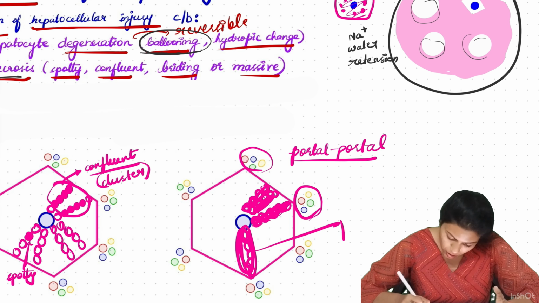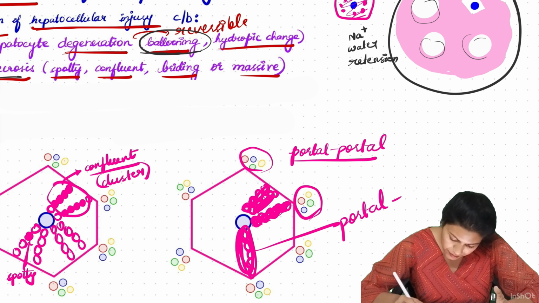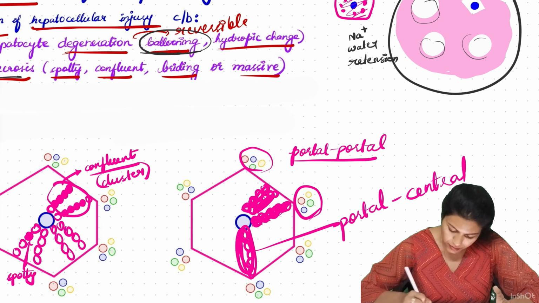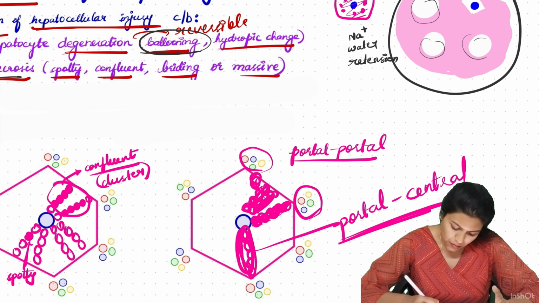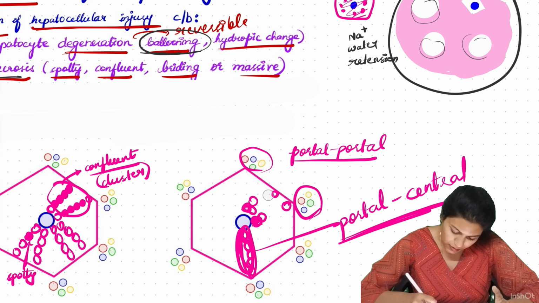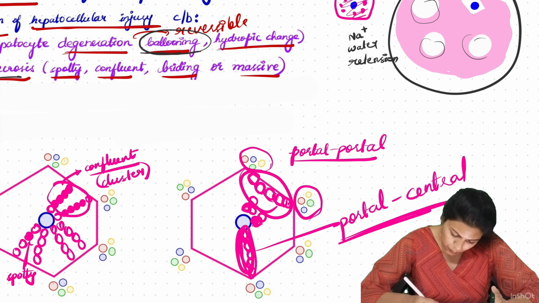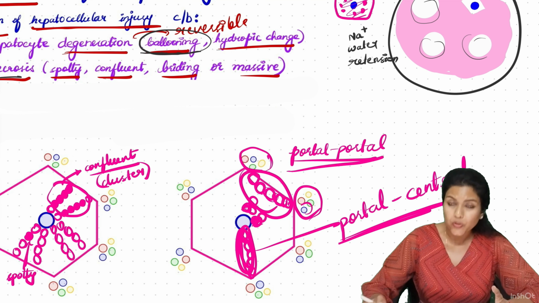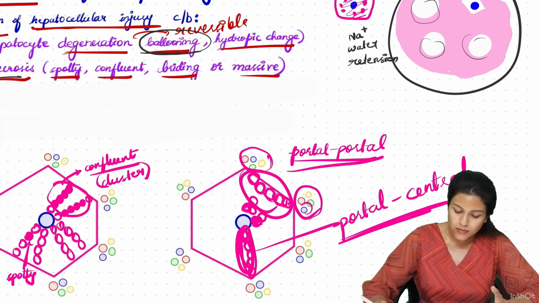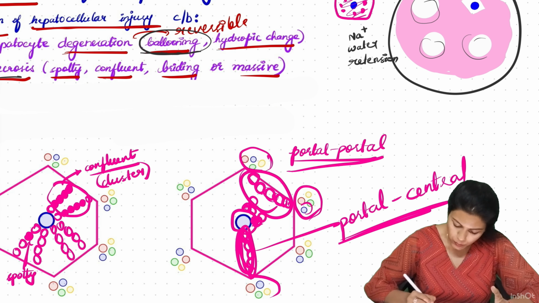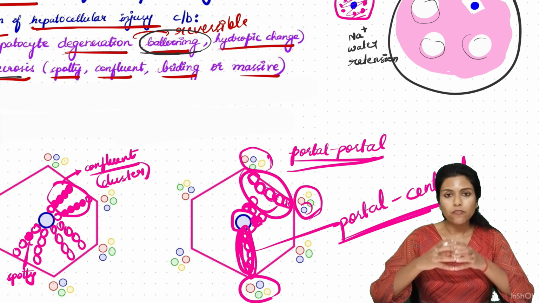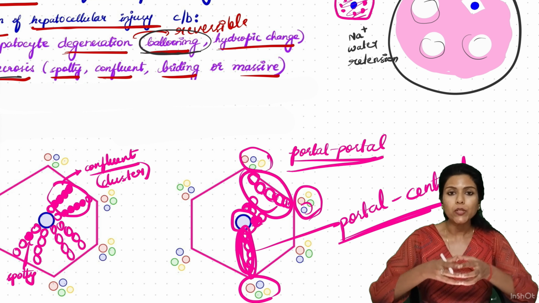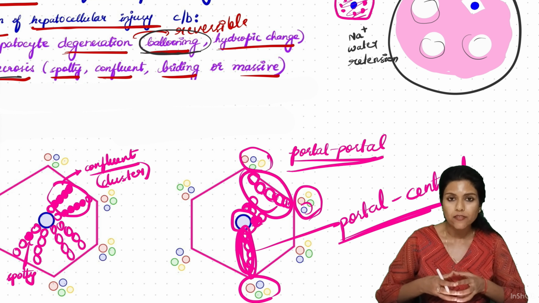This is called a portal central necrosis. So if the necrosis occurs from one portal to one portal, that is portal necrosis, or if the necrosis occurs between the central vein and this portal tract, that set of hepatocytes is called a portal central necrosis.